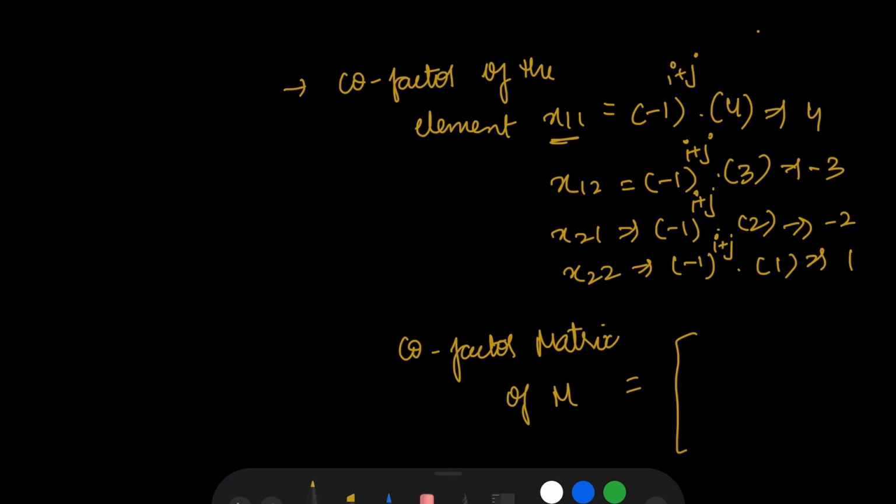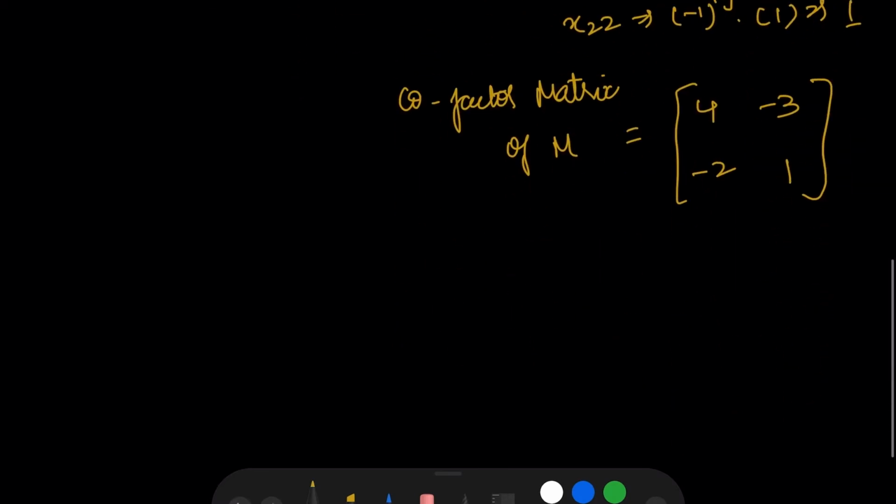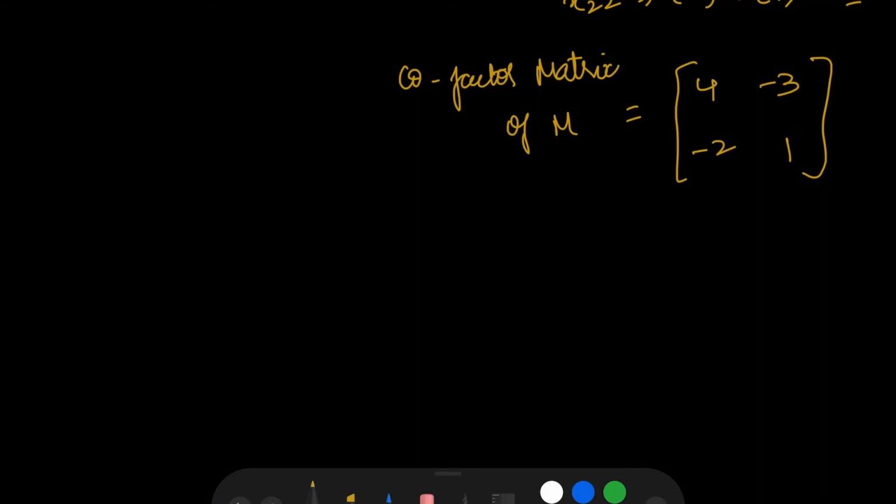Right, so forming this cofactor matrix: 4 and x12 here minus 3, x21 equal to minus 2, and the x22 element equal to 1.